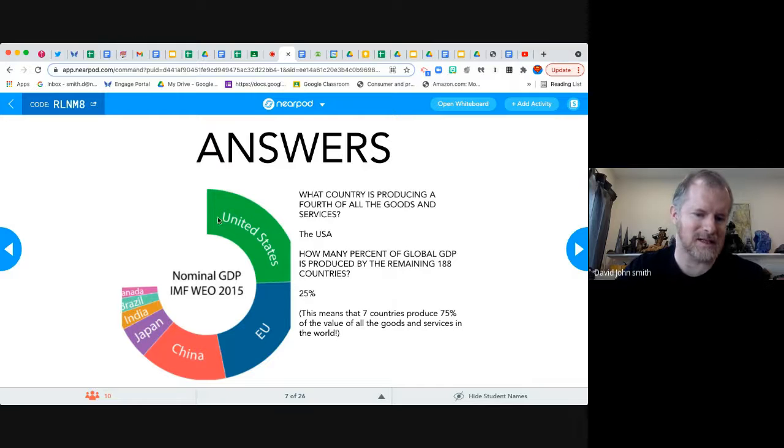That means that these 7 countries here, 2, 3, 4, 5, 6, 7, produce 75% of all of the world's products. Now that's pretty staggering. And that's the sort of analysis that you can use this GDP figure for.